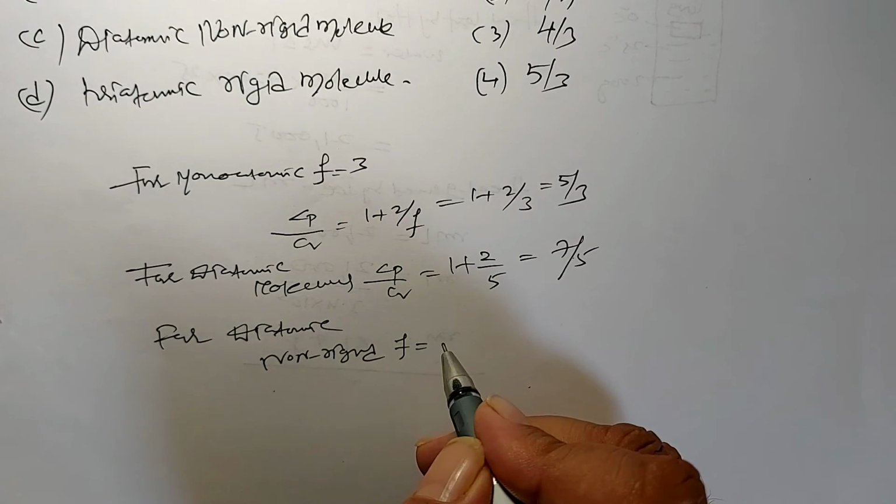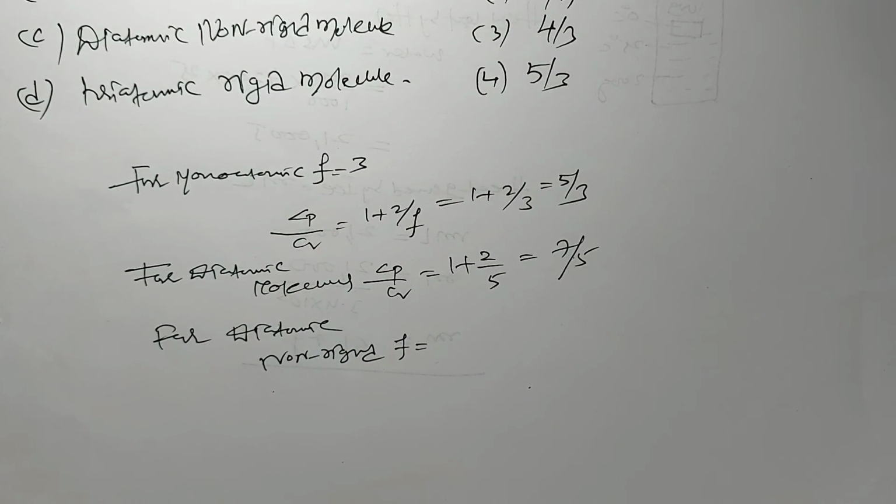Since it is non-rigid, one more degree of freedom is there, that is the vibrational degree of freedom. In vibrational degrees of freedom, energy is obtained by 2 modes, due to kinetic energy and due to potential energy.